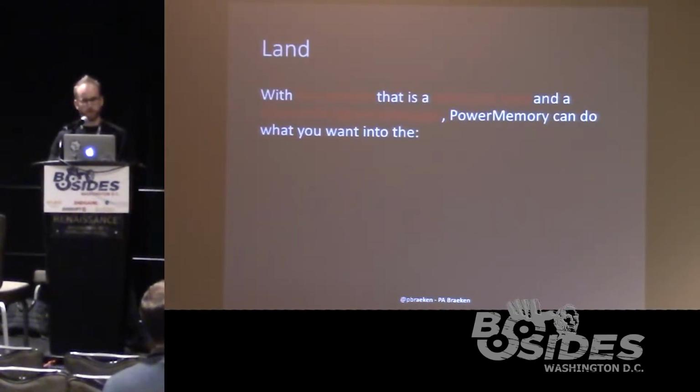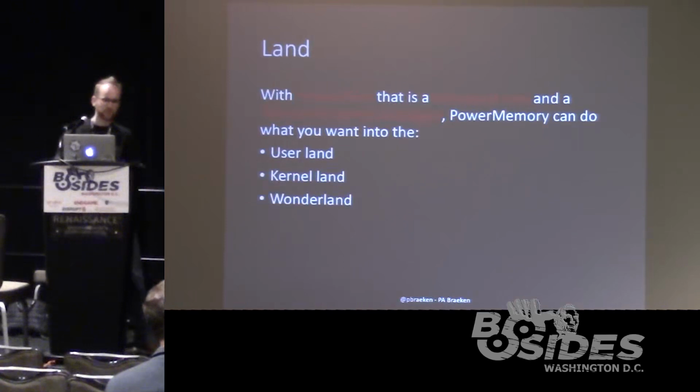So with PowerShell and a Microsoft signed debugger, PowerMemory can do what you want in user land, kernel land, and Wonderland. If you know the Cheshire Cat in Alice in Wonderland, it's for that.